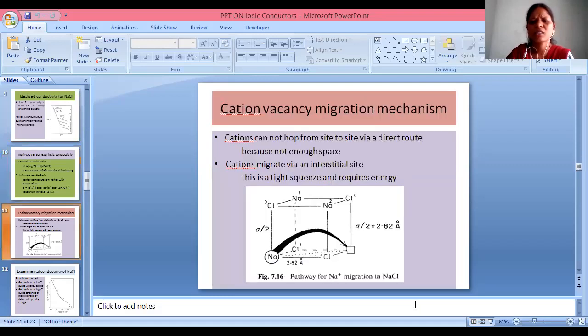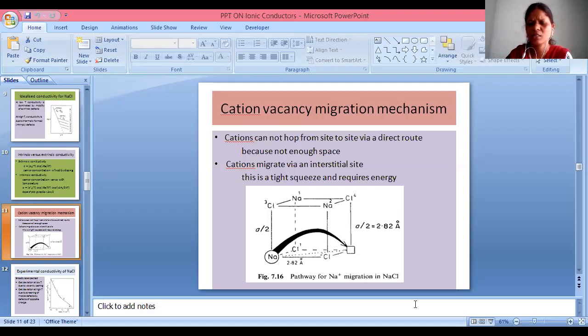And in the cation vacancy migration mechanism, the cations do not go side to side, because the direct route does not have enough space, as all the atoms are systematically and highly orderly arranged. Therefore cations migrate via an interstitial site.